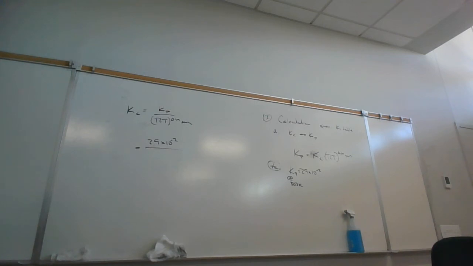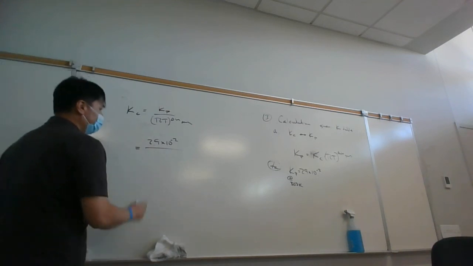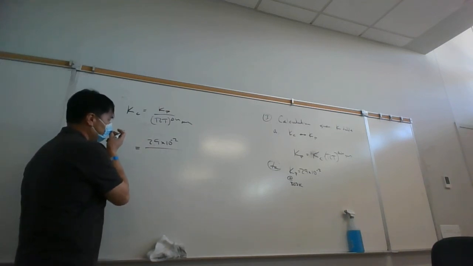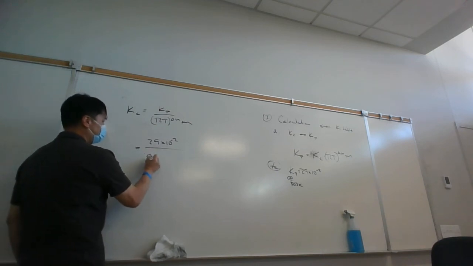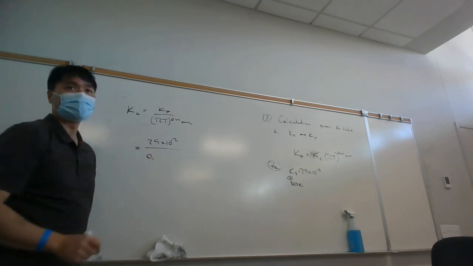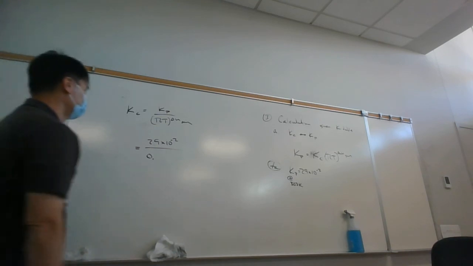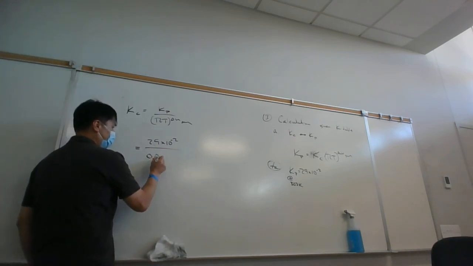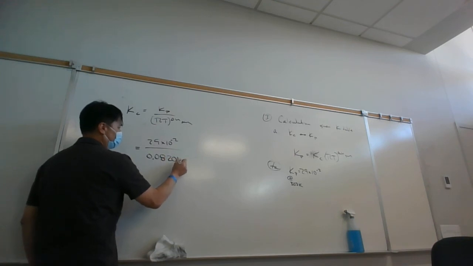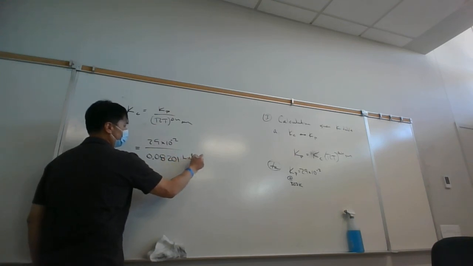The ideal gas law R. I know I have it memorized for atmospheres. Do you have it memorized for atmospheres or bar? Both? You have it memorized for both? I only memorized one: 0.08201 liters times atmosphere per mole times Kelvin.